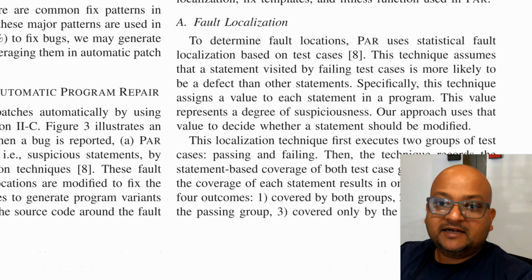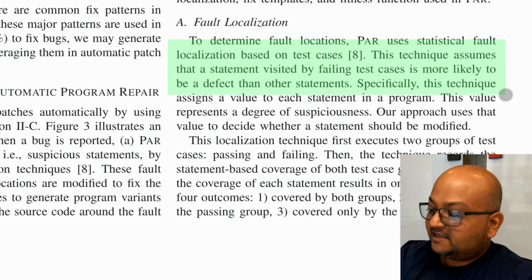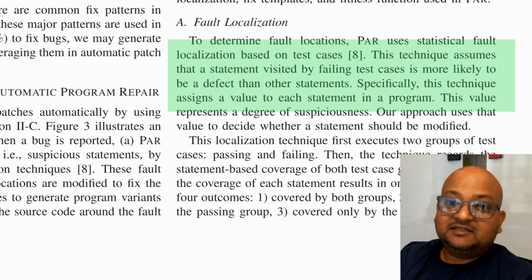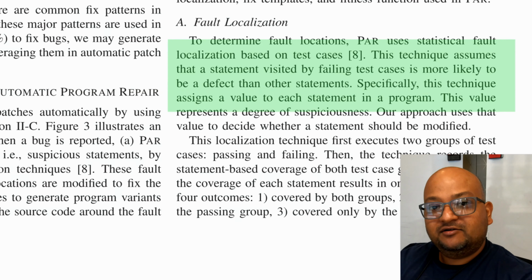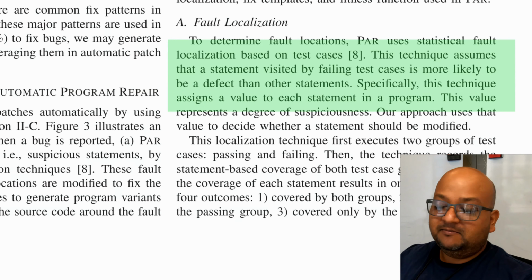For fault localization, the basic idea is pretty intuitive, and that is to run all the tests and then assume that the lines of code that are executed by the failing test case but not by the passing test cases are where the problem is likely to be.